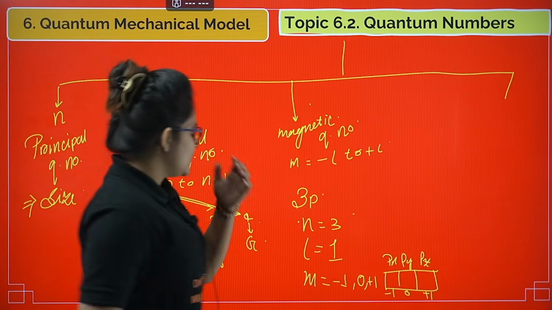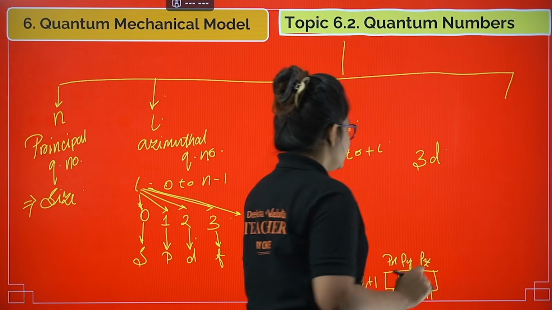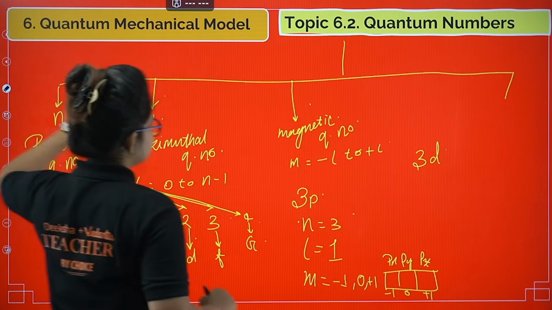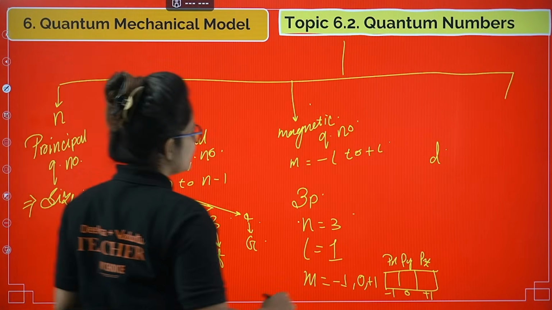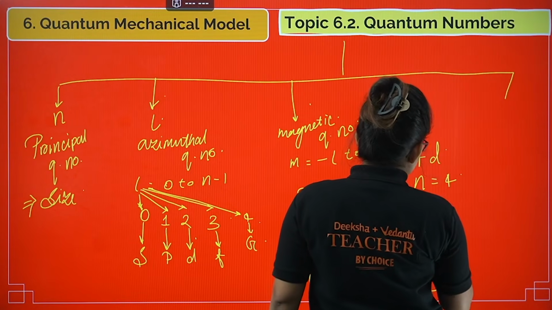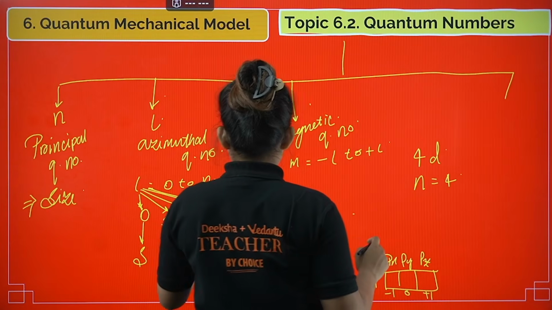Let's take one more example. Let's change the principal quantum number and take 4d. The n value is certainly 4, and as this is a d orbital, the l value is 2.